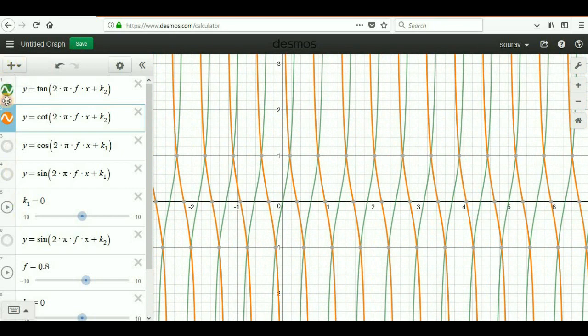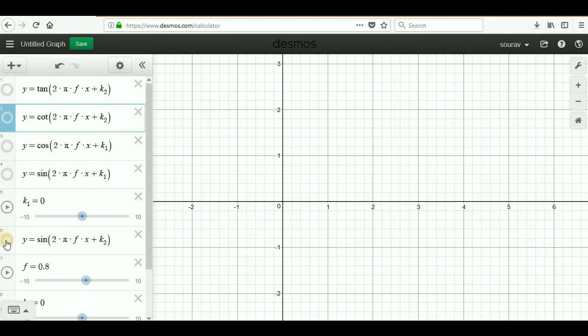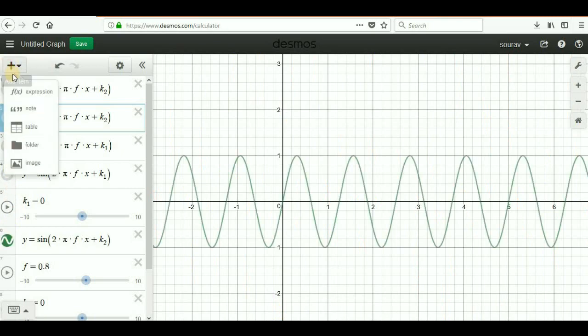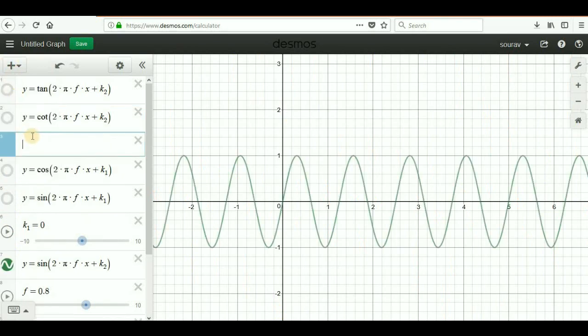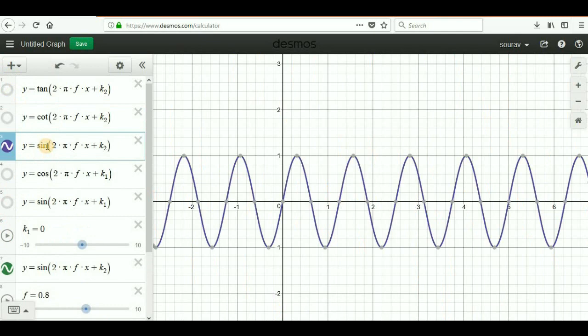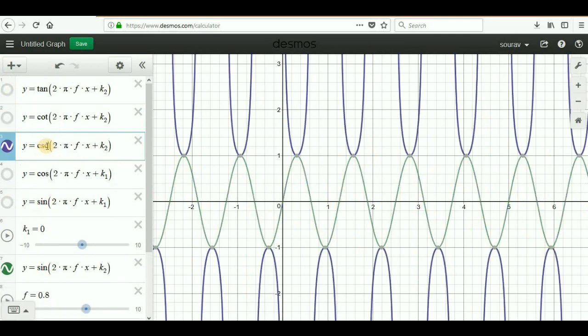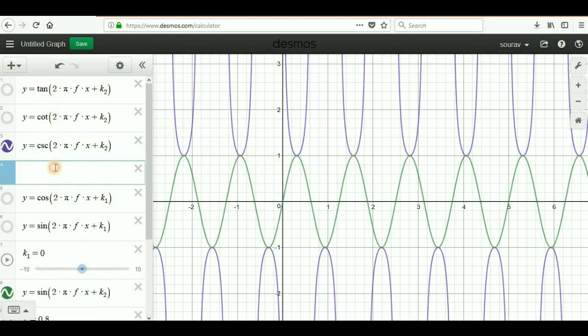Similarly, there are sine and cosec, CSC. Now this is how they look. They also can be put into mathematics pretty easily, sine and cosec.